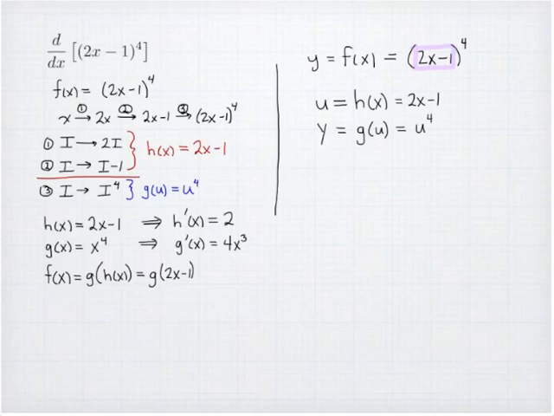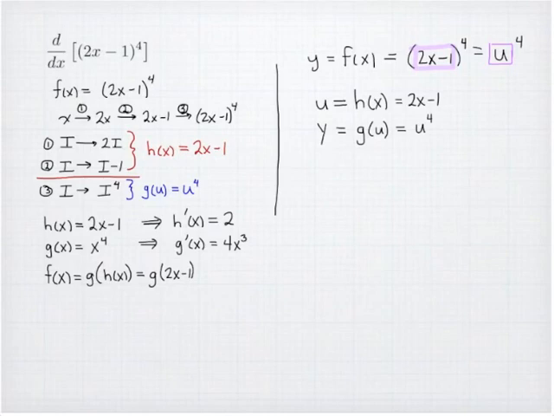So if I imagine covering up 2x minus 1 and replacing it with u, so that we're calling what's inside that purple box the formula u, I'm thinking now of my function of x as a function of u where u is a function of x.